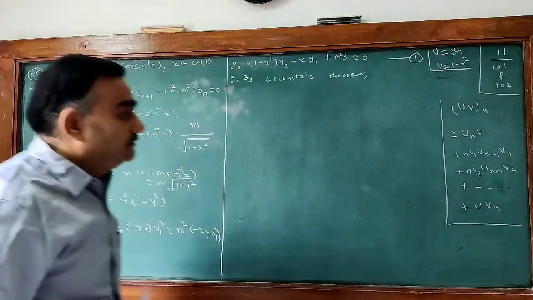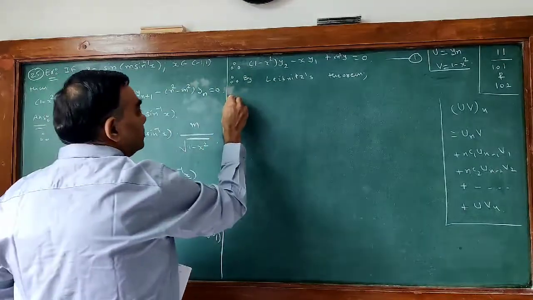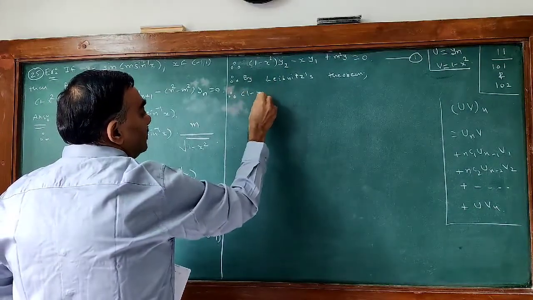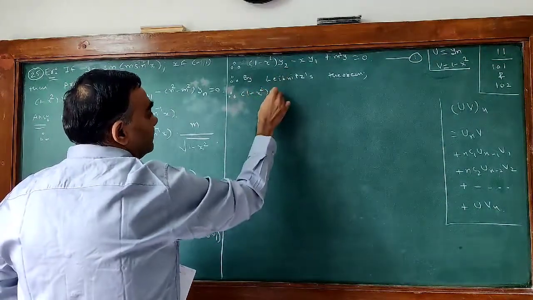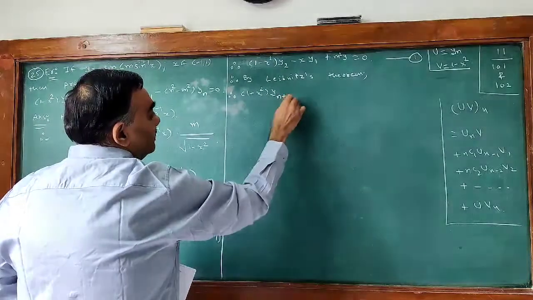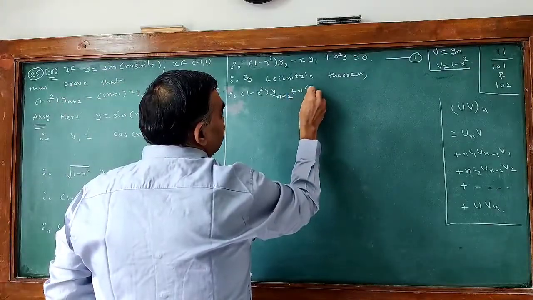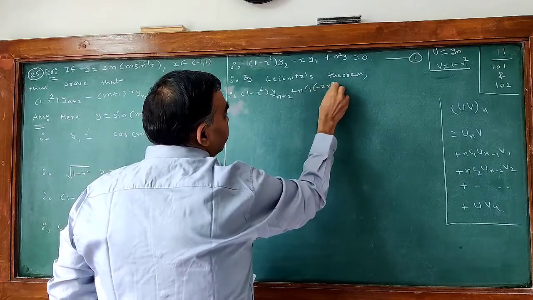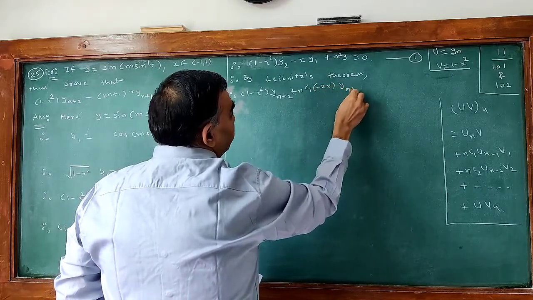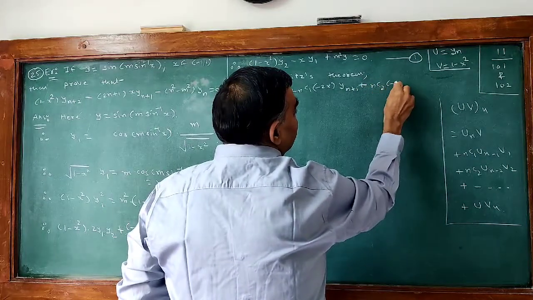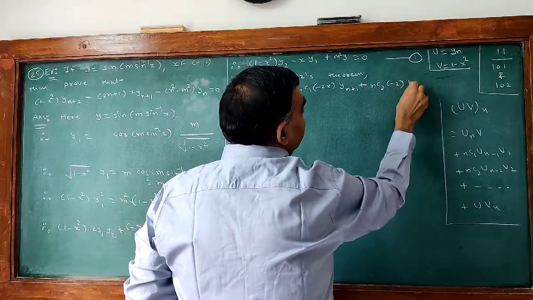So this is equal to uv as it is, nth derivative of u, that is yn plus 2, plus nC1 minus 2x yn plus 1 plus nC2 minus 2 y.